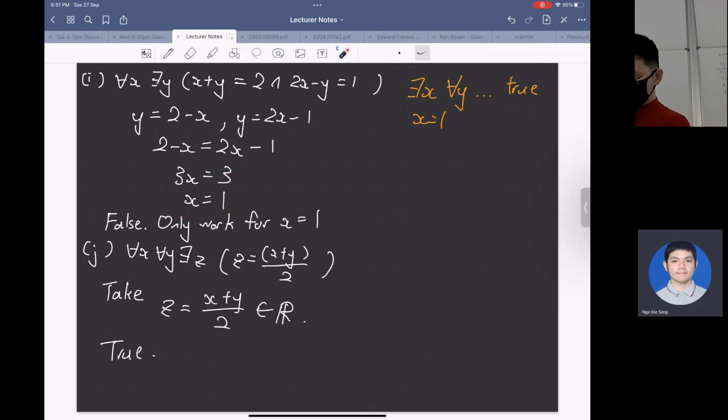And then the next: for every x, for every y, there exists a z such that this is true. So this is true, because we can just take z to be (x plus y) over 2, because R is closed under addition and also under multiplication by 1/2. We call it scalar multiplication.